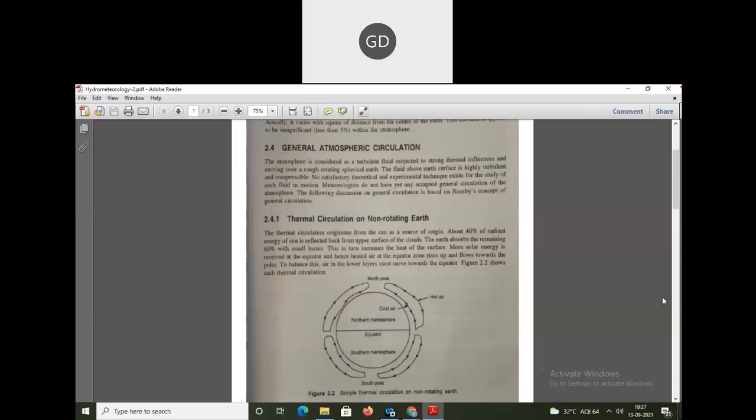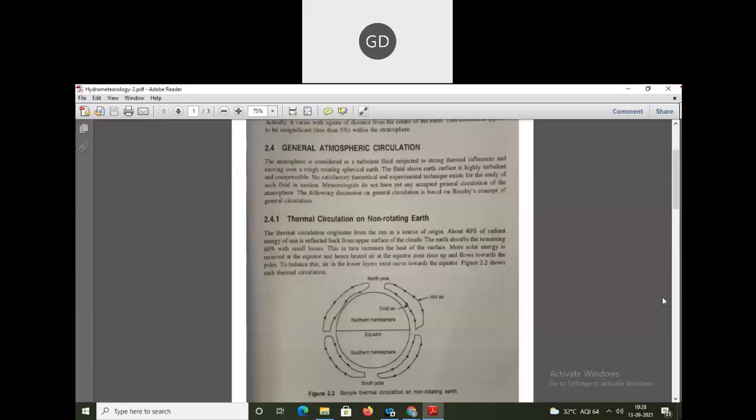Also, this fluid is rotating over the whole earth. Our earth is spherical in shape, so this atmosphere, a turbulent fluid, is subjected to solar radiation, or thermal influence, and it is also moving over the whole spherical earth.